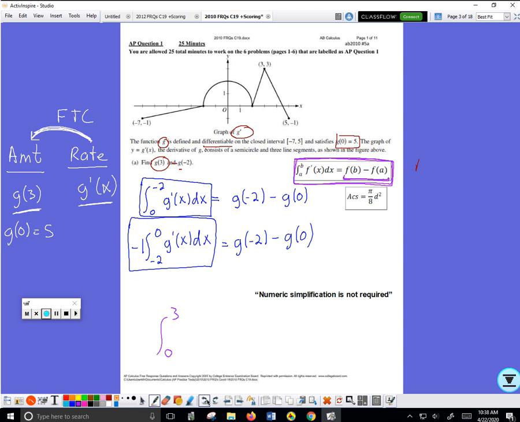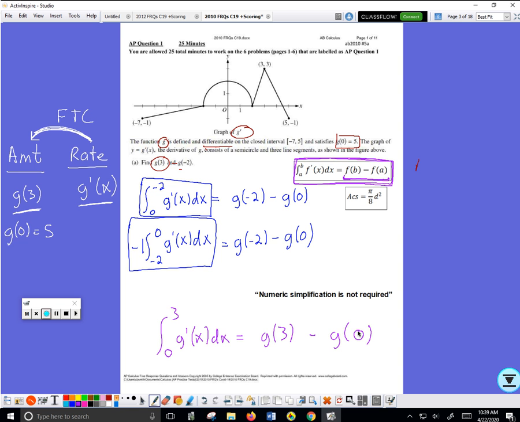G prime of x. Perfect. dx. So your question is, how do you know what limits? Well, this is going to find for you g of something minus g of something else. And the fundamental theorem says this has to be 3 and this has to be 0.